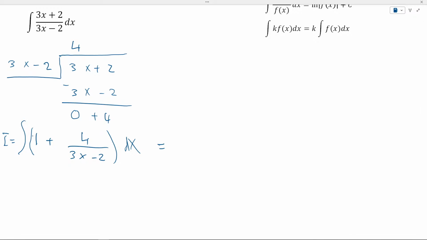That would be x plus the integration of, I can take the 4 out as a common factor, 1 over 3x minus 2 dx.